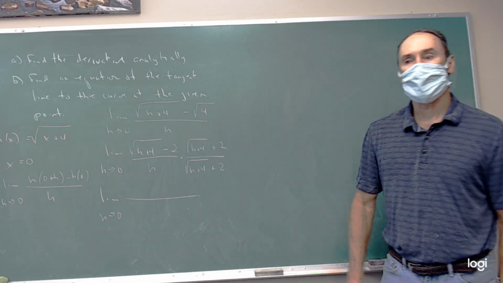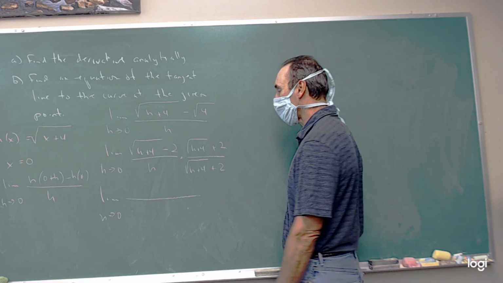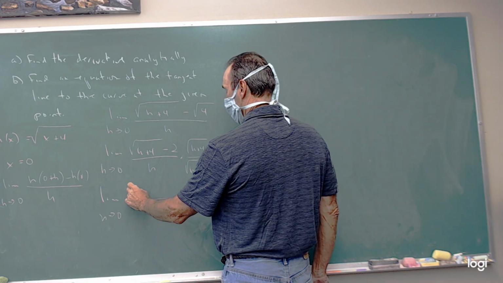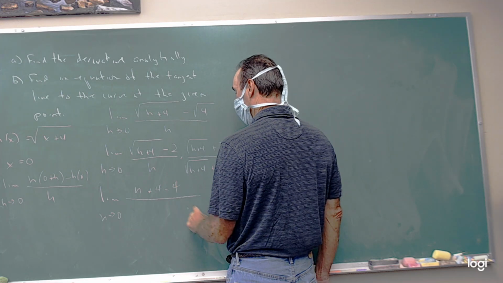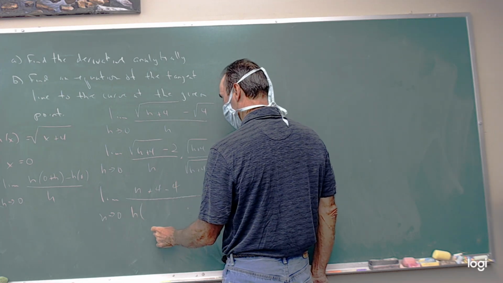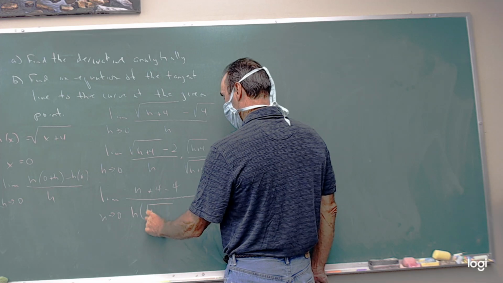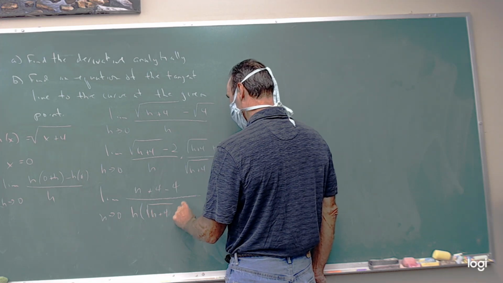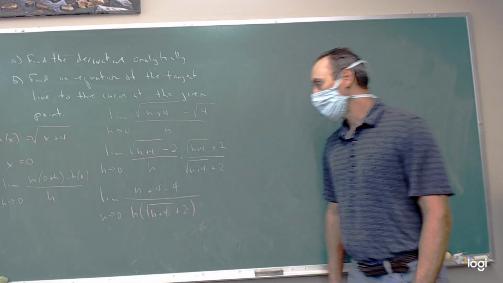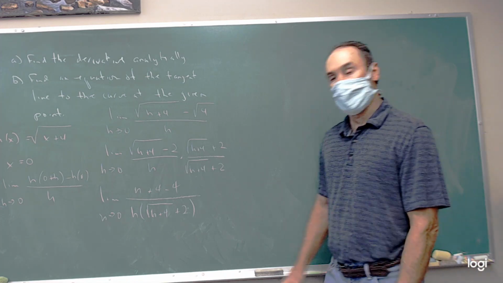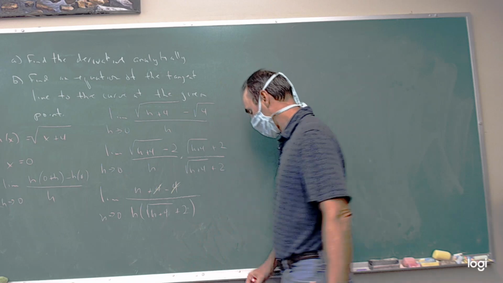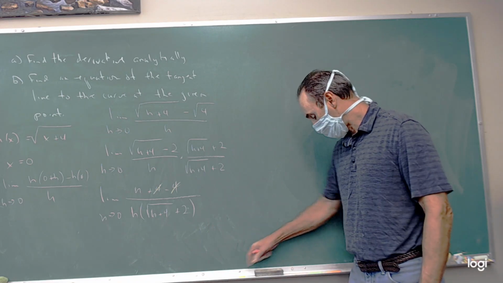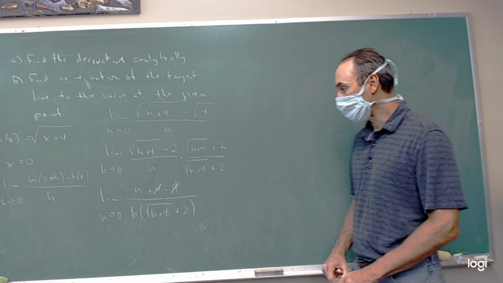On top, we're going to get the difference of two squares. What does that look like? h plus 4 minus 4. Good. And on the bottom, we're going to leave it factored as h times the square root of h plus 4 plus 2. We can let those 4's kill each other off. Once they're out of the picture, we are now cleared to cancel the h's.